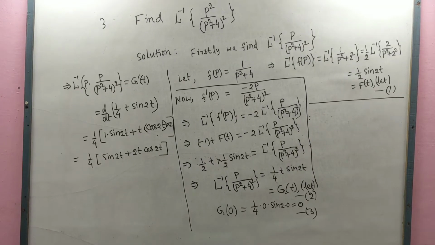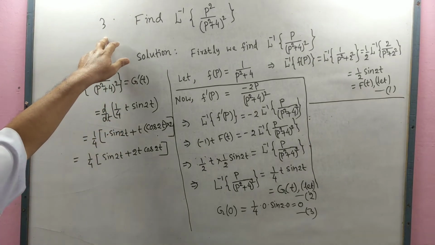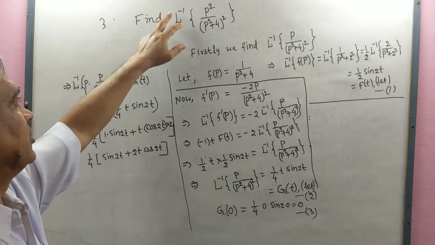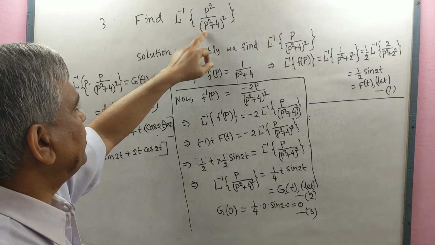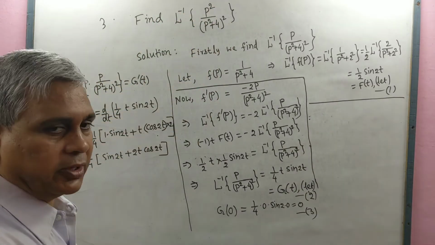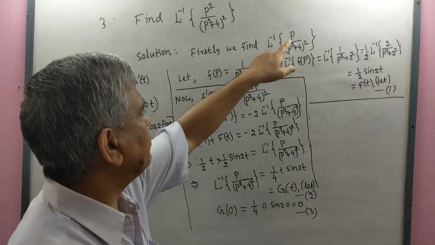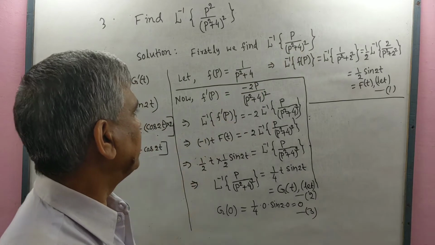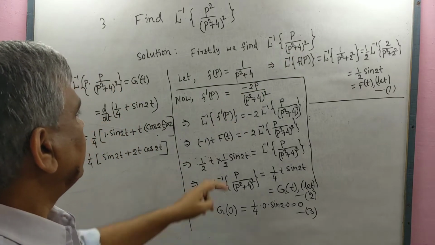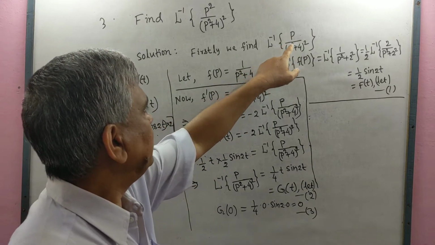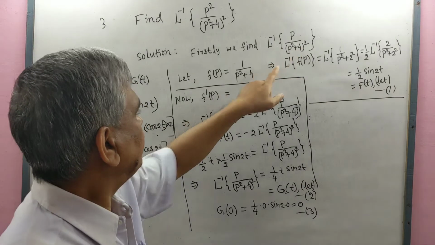Now we solve problem number 3. Find L inverse p square/(p square + 4) whole square. Firstly we find L inverse p/(p square + 4) whole square. Let F(p) equal to p/(p square + 4).